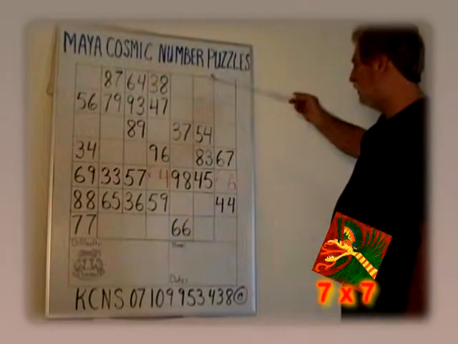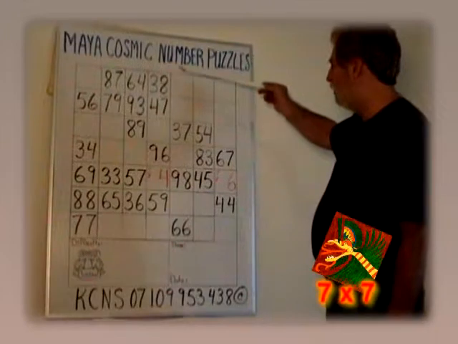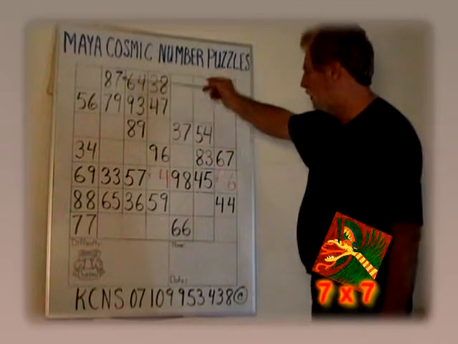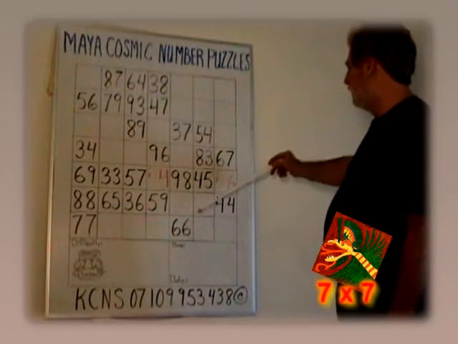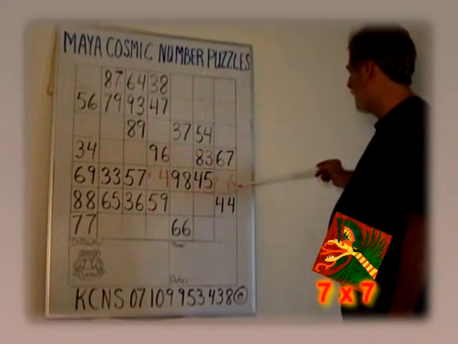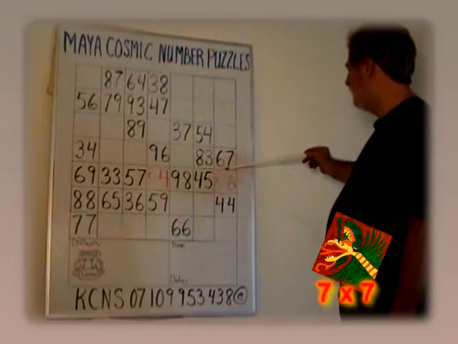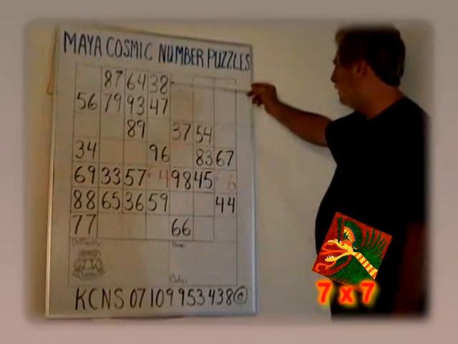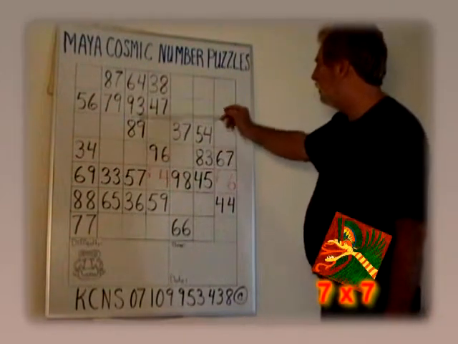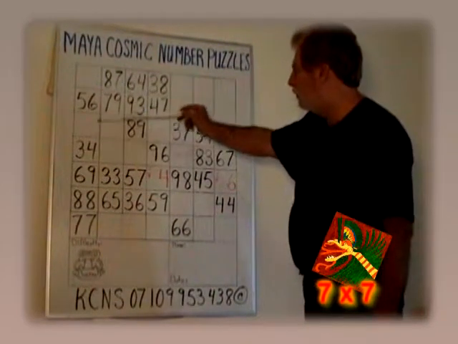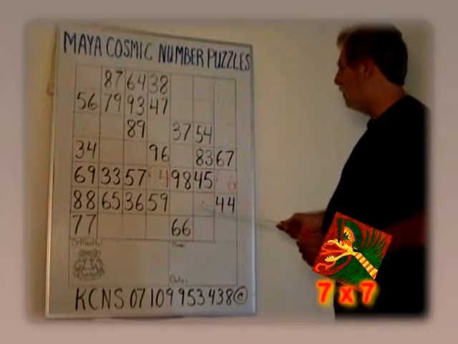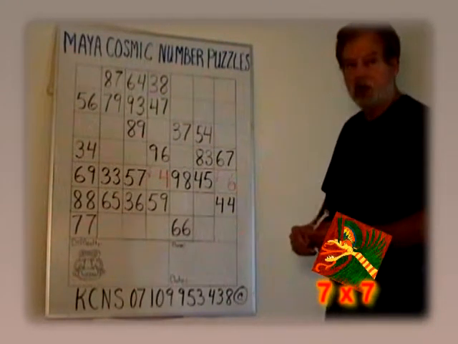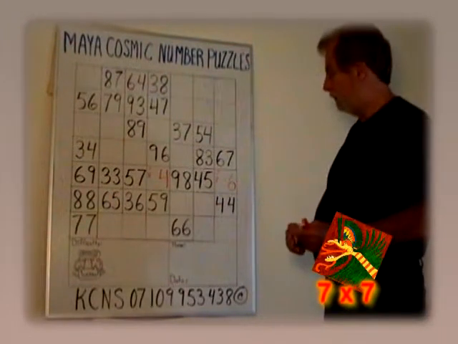So by doing the check, do we see an 84, a 74 or an 84? We do not. Do we see a 76 or an 86? We do not. So we will leave these two numbers here for the present time and continue on solving the rest of the puzzle. This puzzle is not necessarily an easy one.